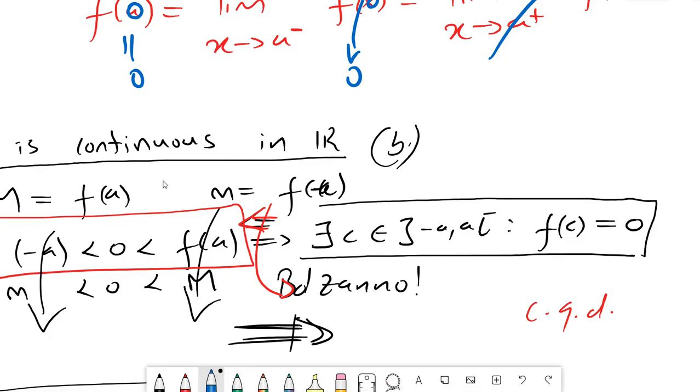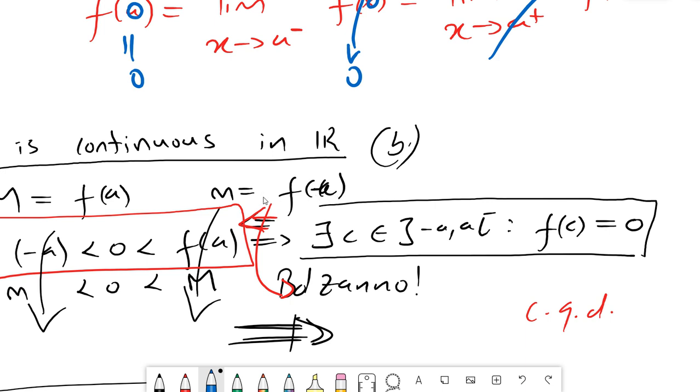In the previous question we proved that f is continuous in R, right? And since M is a positive value and m is a negative value, we can call one f of a, without loss of generality, of course. And m is f of minus a since the interval is symmetric.